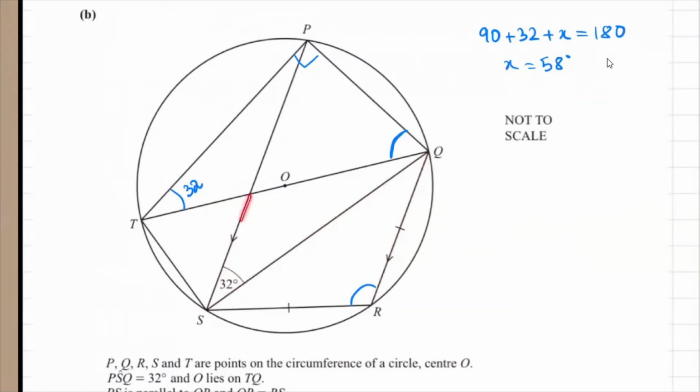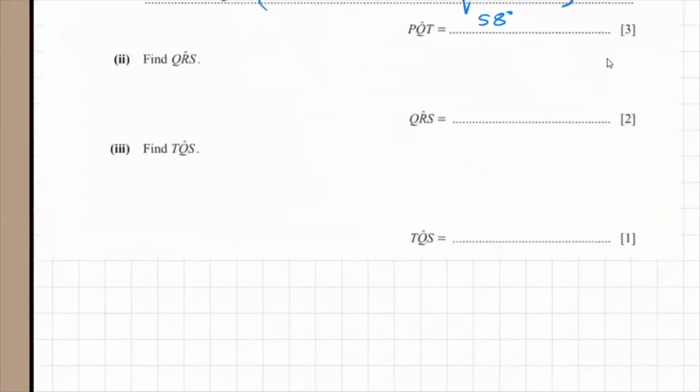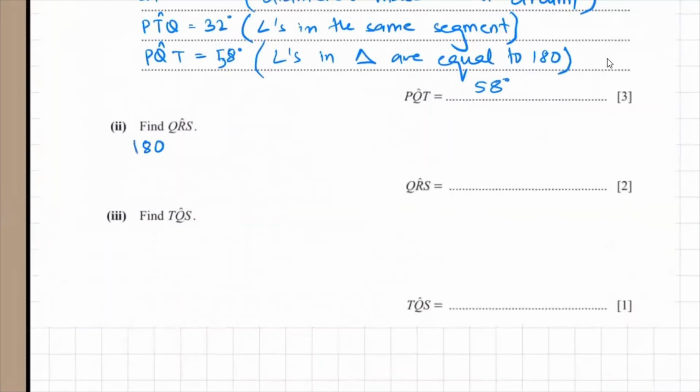So 32 here is making a Z, which means that there has to be a 32 here as well. So this is 32, and since it is an isosceles triangle, 32 would be here too. So 32 plus 32 plus x. 32 plus 32 is 64, and 180 minus 64 equals 116, which is my answer over here.